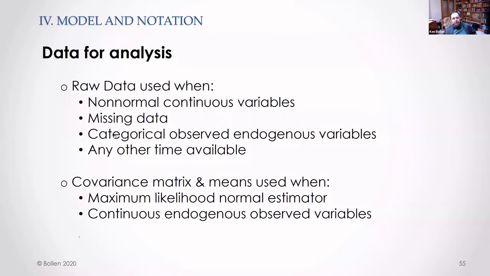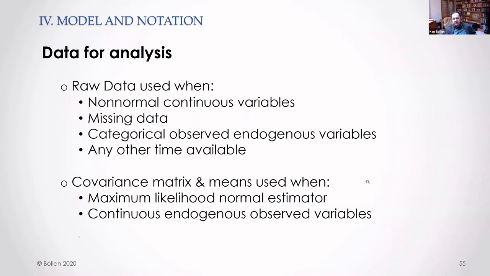And then the third instance is if you have categorical observed endogenous variables. So if you have categorical measures or categorical outcomes, this too would call for having raw data for your analysis.